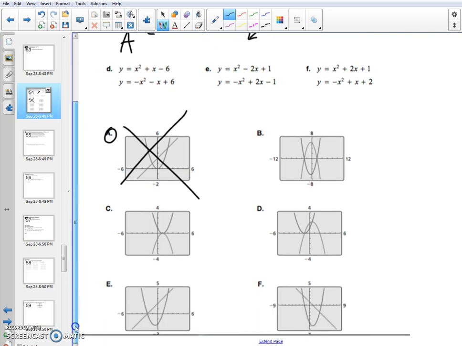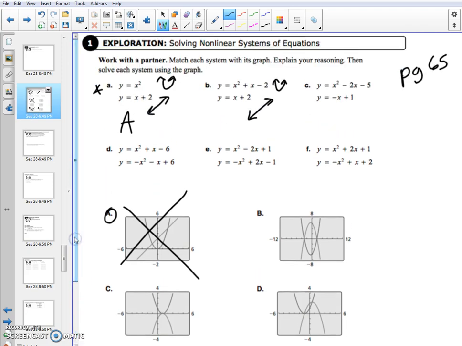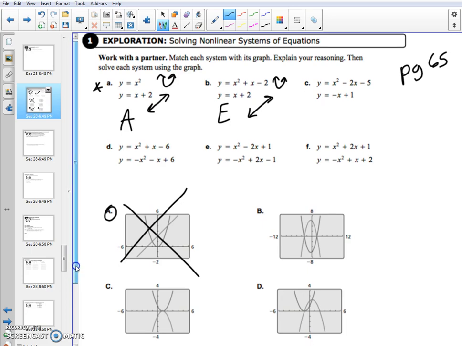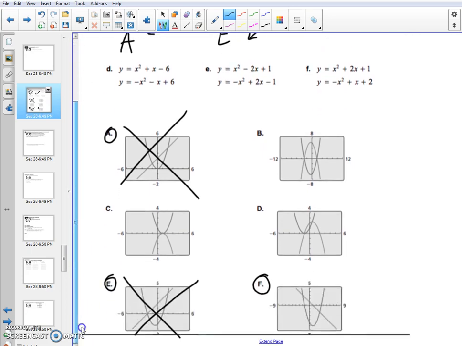So when I look at my options that are left for parabolas with a line, I'm looking at either E or F. All right, and since I know the line has a positive slope, it's got to be E. So 2 has to be E. All right, when I look at C, then this is my last one that has a parabola and a line. So parabola that opens up, line with a negative slope, that's got to be F.